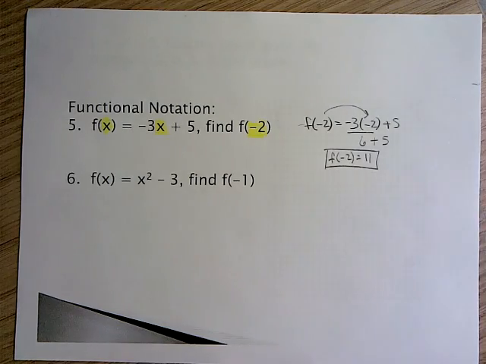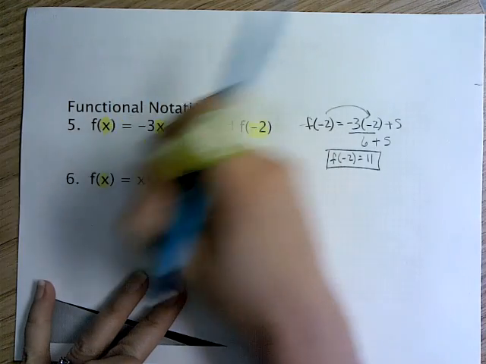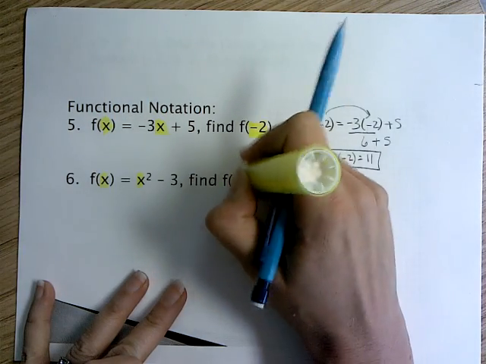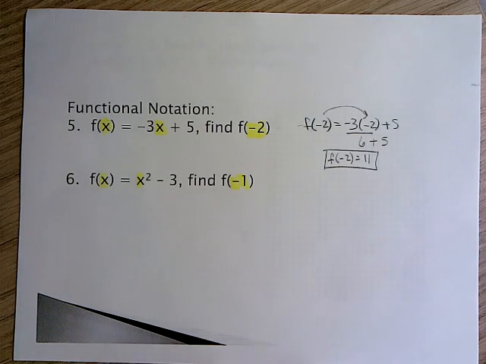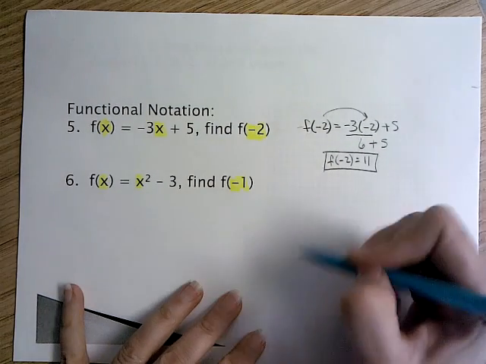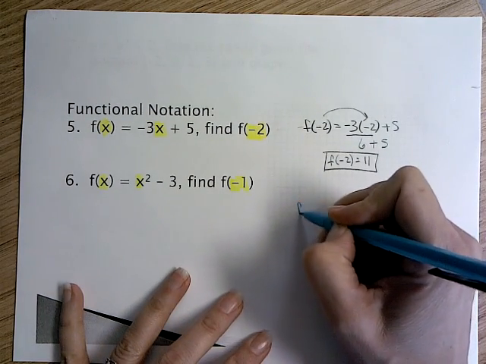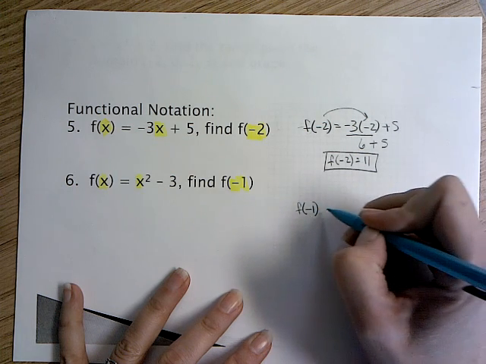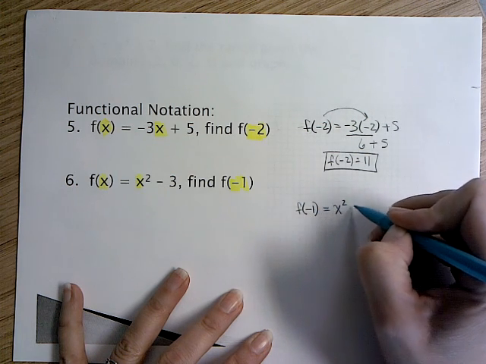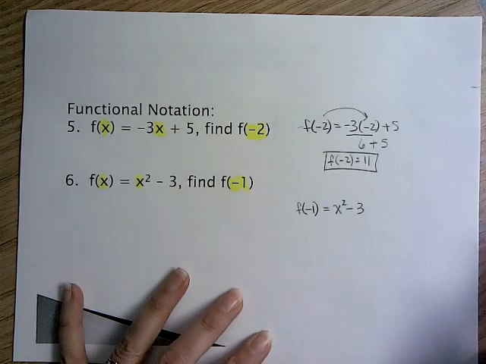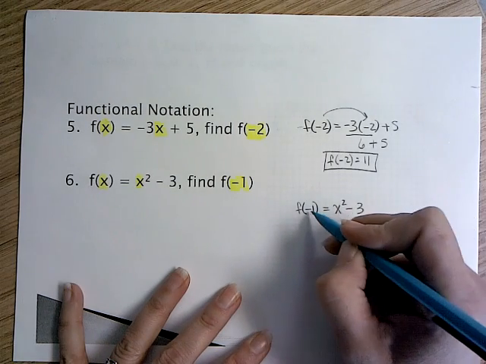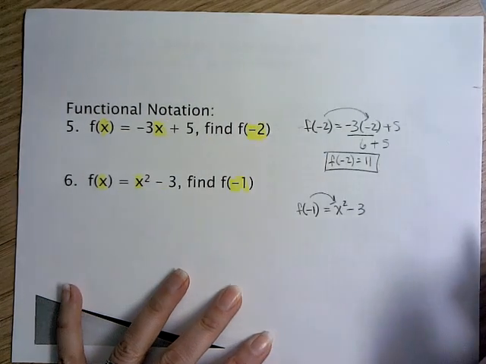Same thing when we get here to number 6. Everywhere I see an x, I'm going to substitute in a negative 1. Remember to do your substitutions in parentheses because it's going to keep you from messing up your negatives. So I'm actually going to rewrite this one because of that. X is negative 1 here, I'm plugging into my x.